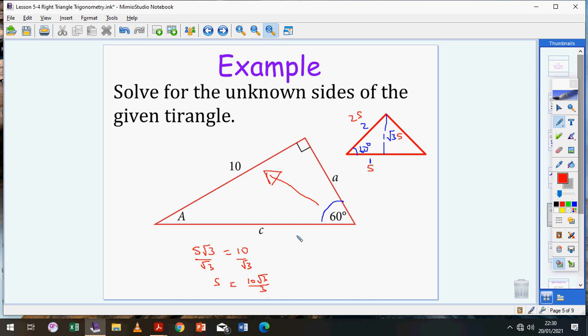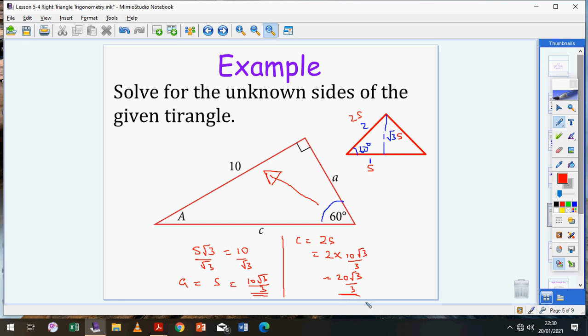Since I know that side s, the hypotenuse, which is c, must just be 2 times s, which is 2 times 10 root 3 divided by 3, which will end up being 20 root 3 divided by 3. And the base a is just s. So a is 10 root 3 divided by 3 and c is 20 root 3 divided by 3.